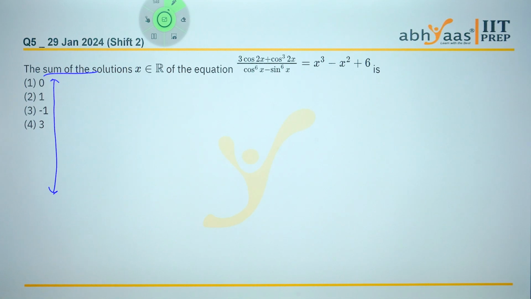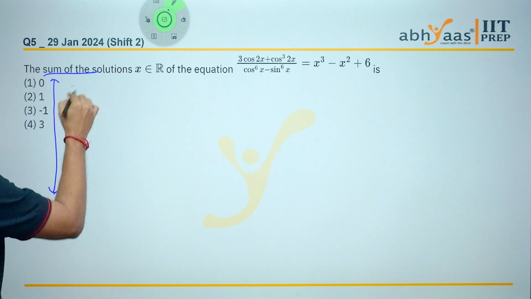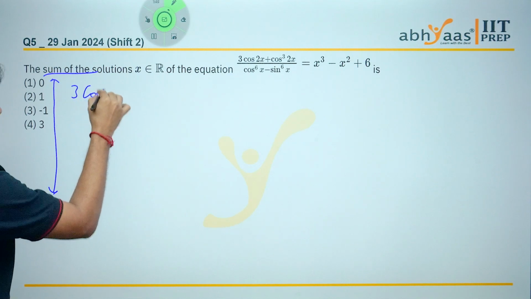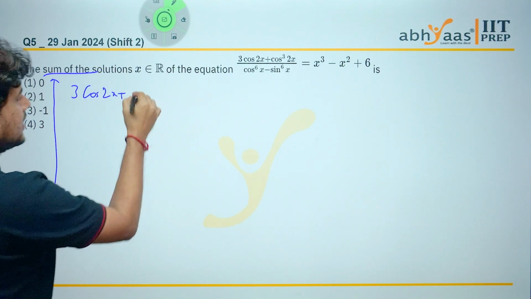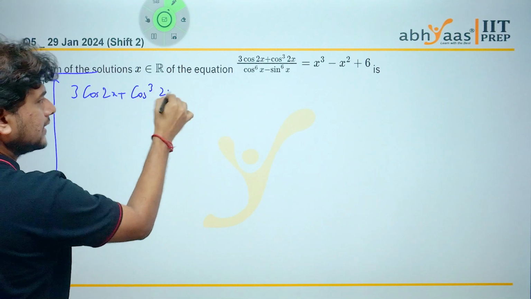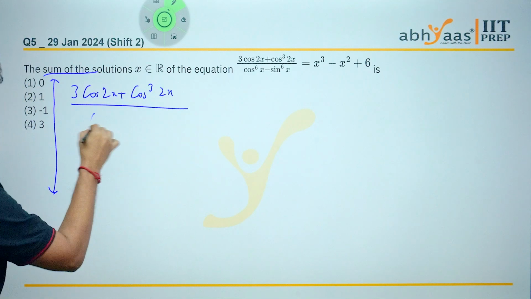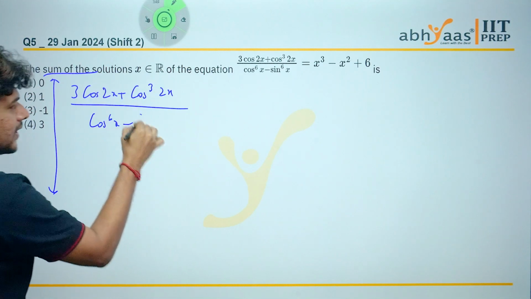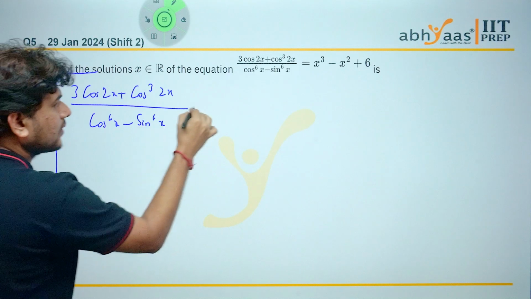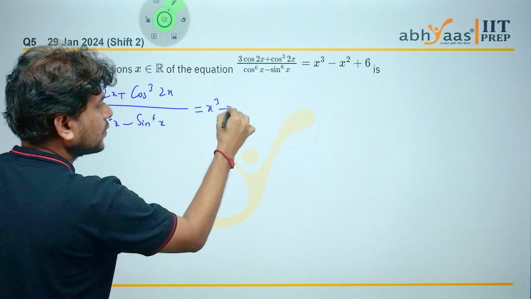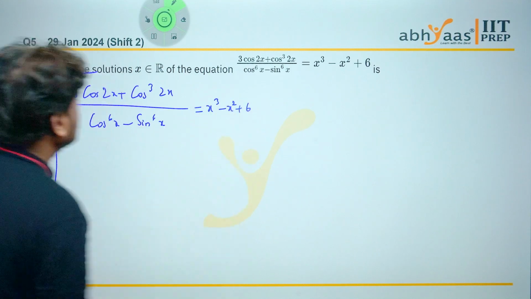Okay, good. So even though the equation looks big, it is not. So let's solve that. Cos power 6x minus sin power 6x equals x cube minus x square plus 6.